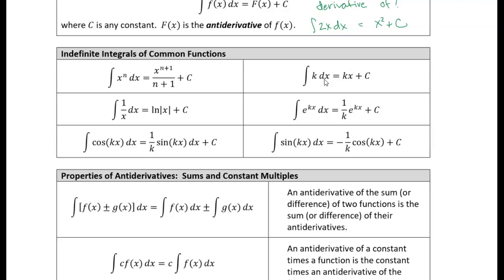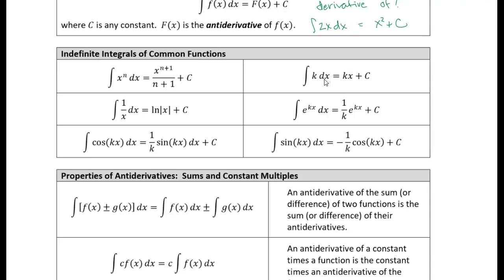Now that one in particular is a little bit weird, because it's actually the natural log of the absolute value of x when we integrate 1 over x. That just has to do with the fact that the domain of 1 over x and the domain of natural log are different. We can integrate 1 over x for negative values, but the natural log is only defined for positive values.